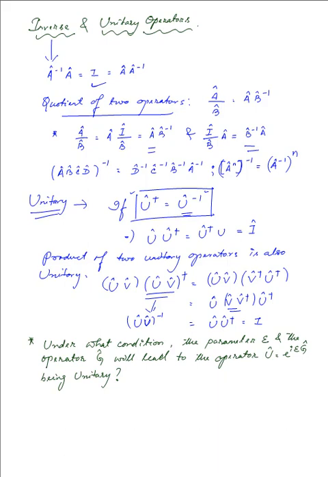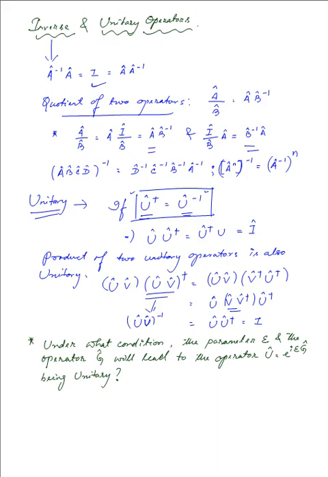So if we are to take the case of a unitary operator, then that has the property that you take the Hermitian adjoint of it, and then you will be getting an inverse. If we take the adjoint of it and we get an inverse of it, then that's what we call a unitary operator.